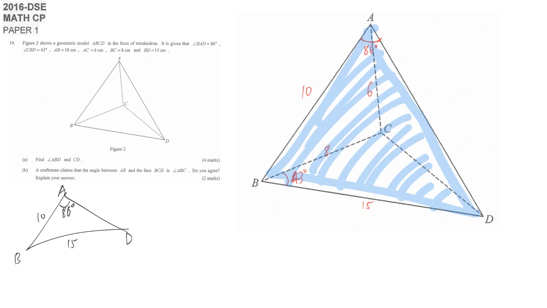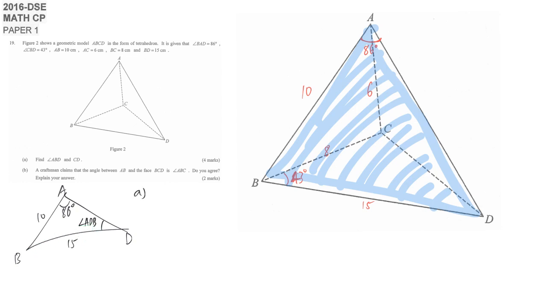Our target is to get angle ABD. However, this one is not that straightforward because the opposite angle of 10 should be angle ADB. So our first mission is to find out angle ADB first. Once we find it, then we can use angle sum of triangle.